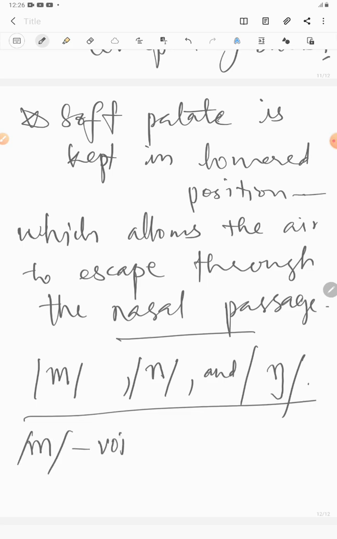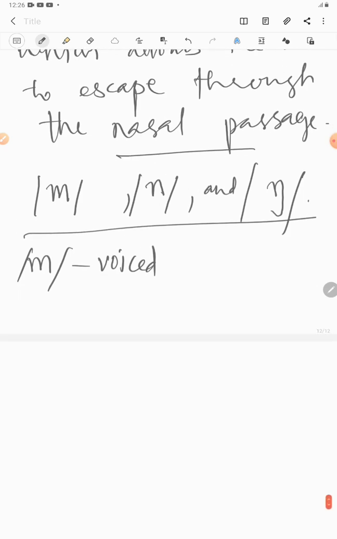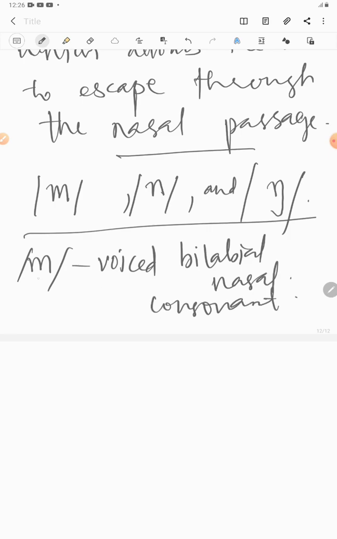All nasal sounds are voiced sounds, an exception case. So m is a voiced bilabial nasal consonant.